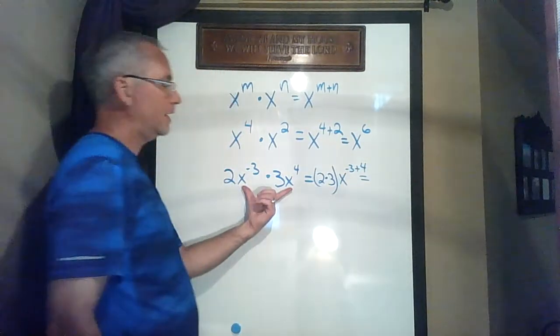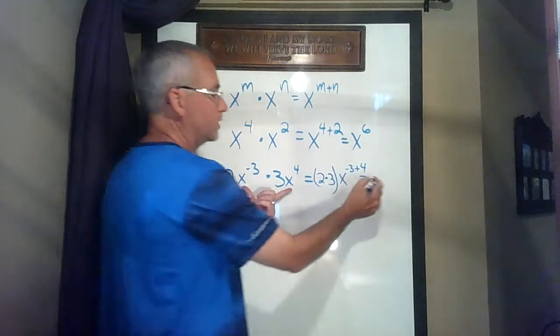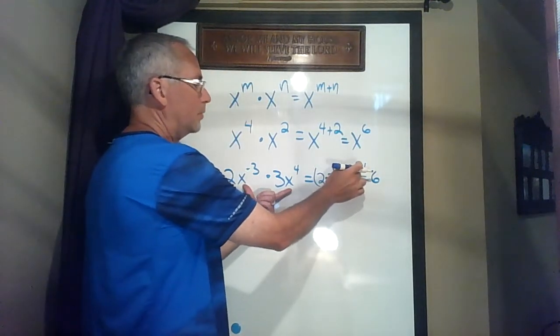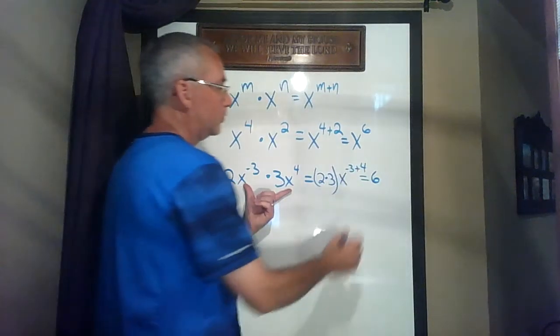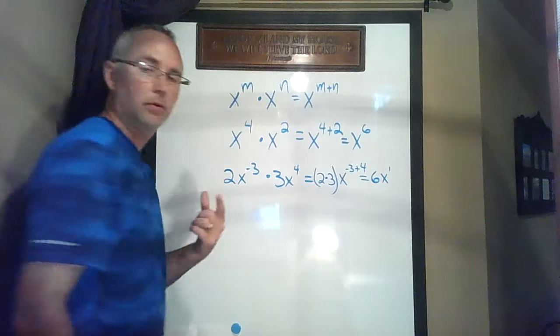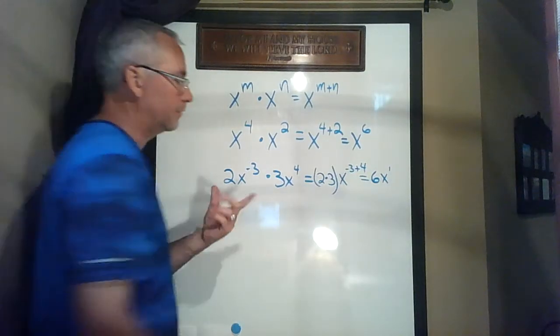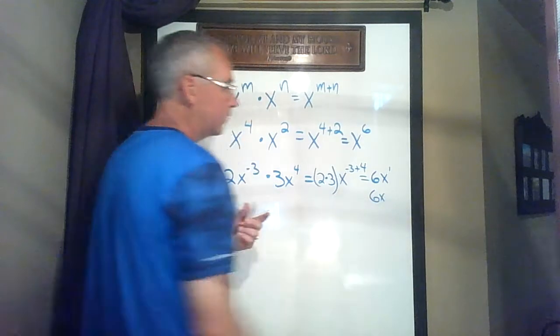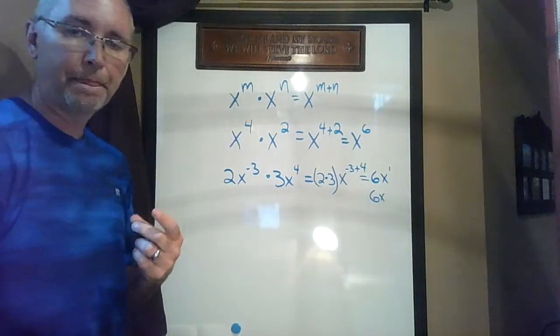So my final answer then is 2 times 3, which is 6. And then I have x, and what's negative 3 plus 4? Well, negative 3 plus 4 is 1. So I just end up with that as my answer. And if I have anything to the first power, I can just leave it off if I would like, if that makes me feel better.